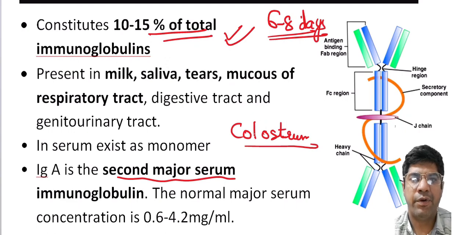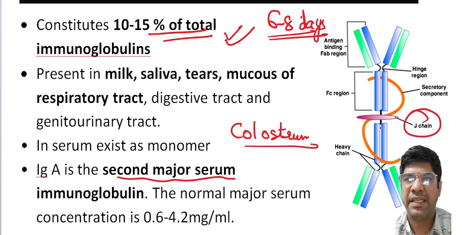IgA is found on the mucosal surface, and in secretions it exists as a dimer formed by monomers. They are joined together at their carboxy terminal by a glycopeptide known as the J chain. This dimeric form is known as the secretory IgA.